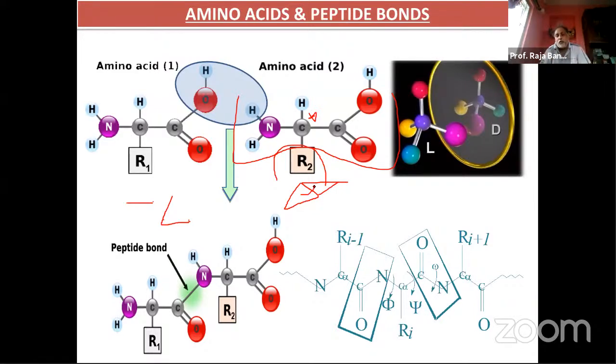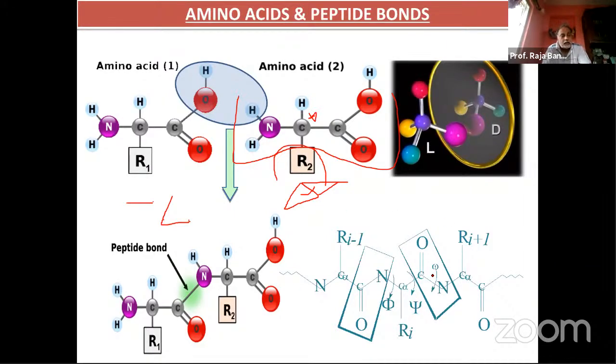So when we talk about protein structure, protein conformation, etc., we have to keep in mind that we are talking about a dihedral angle. This dihedral angle is also called the torsion angle. So what is this dihedral angle?